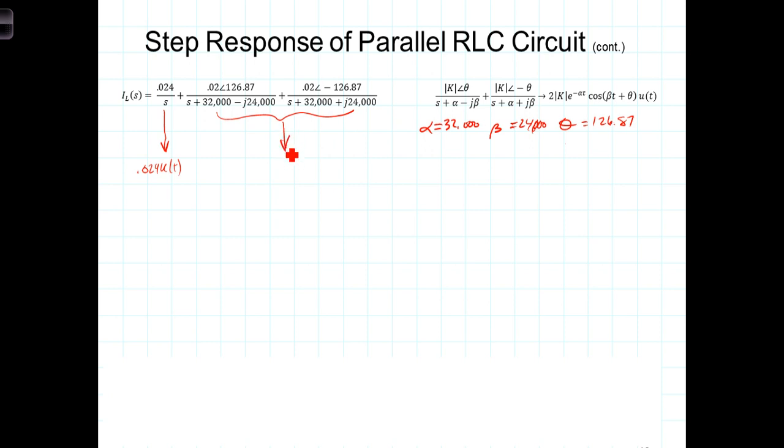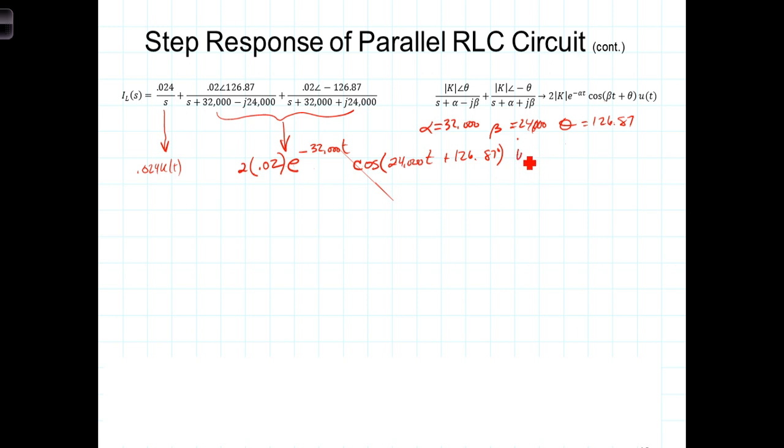Now, we take these values and plug them in, and we get these two terms coming back into the time domain as 2 times the magnitude of k, so 2 times 0.02, e to the minus alpha, but alpha is 32,000 times t, cosine of beta t. Beta is 24,000, so cosine of 24,000 t plus theta, and theta is 126.87 degrees.